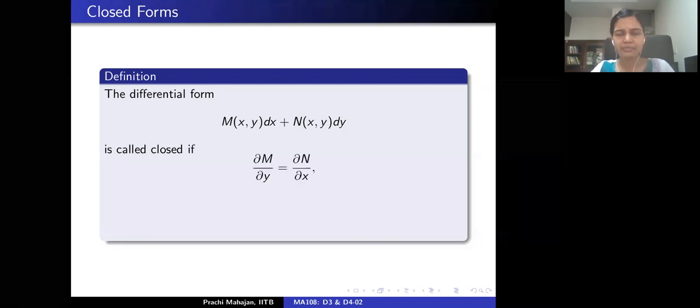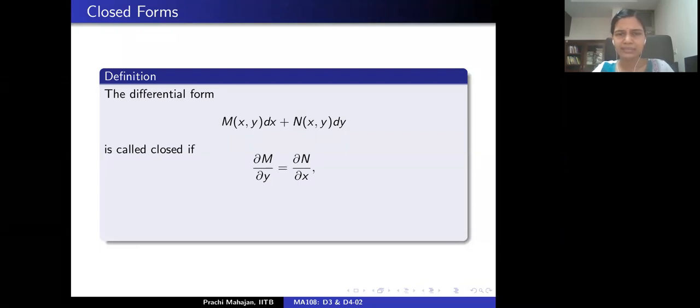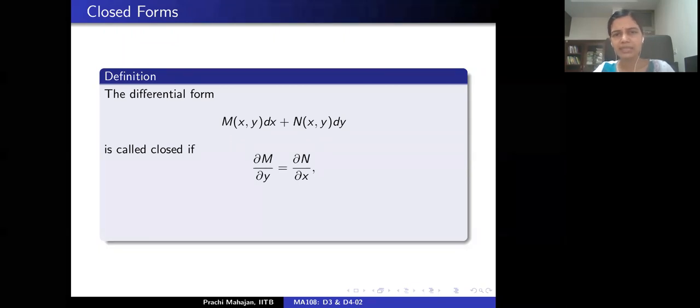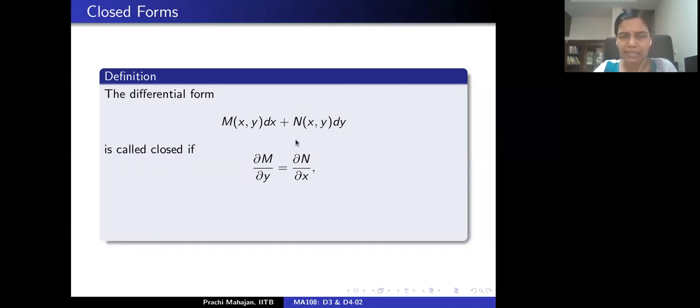I have a differential form M dx plus N dy. We say that this is closed if the partial derivative of M with respect to y is the same as the partial derivative of N with respect to x. M is the coefficient of dx and N is the coefficient of dy, something to be remembered here. Now, why do I worry about closed forms? Let's see.